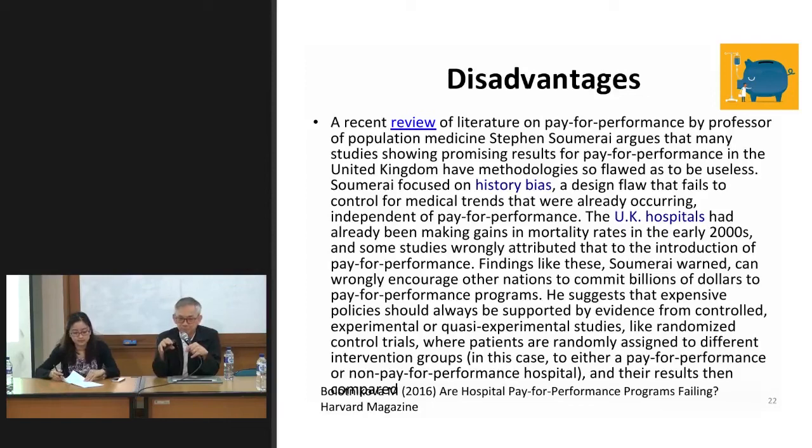Then it may not be the P4P itself that increased the better performance of the hospital. And they put the conclusion that it's because the policy was never based on a good control experiment or quasi-experiment at all. So these are some criticisms which say that P4P may not be good.